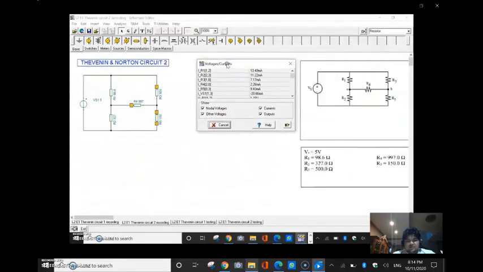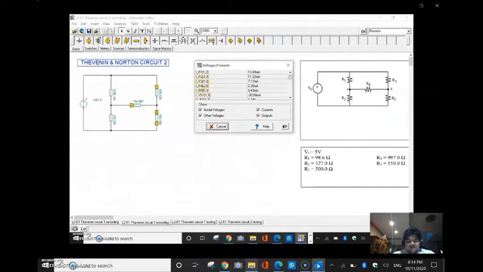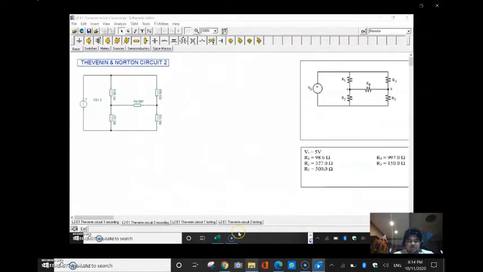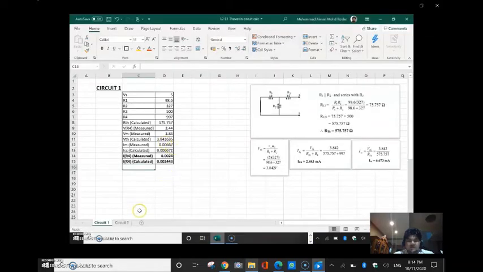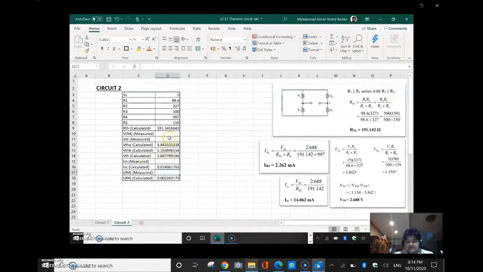The value that we want to observe here is the value of IR4 and VR4. The value of IR4 is 0.00226 ampere or 2.26 milliampere, and the value of VR4 is 2.26 volts. We will log in the values into the table in Excel.